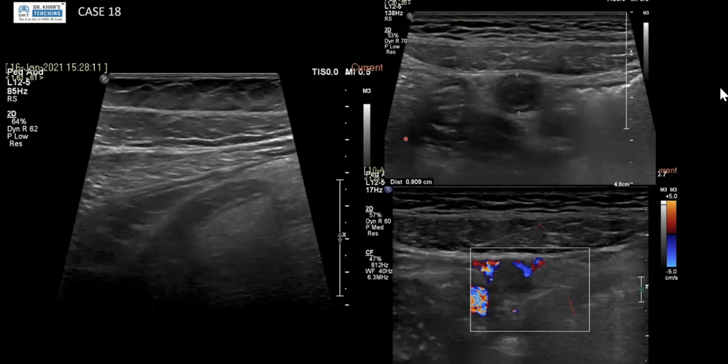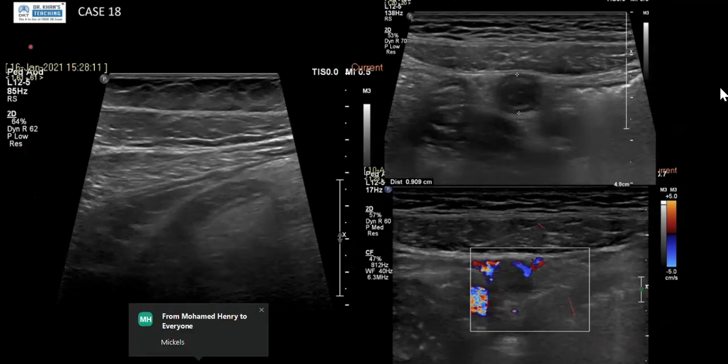Okay, again, select the ultrasound images. I can see on the right side, there's a blind-ended tubular structure with alternating hyper and hypoechoic muscular bands.